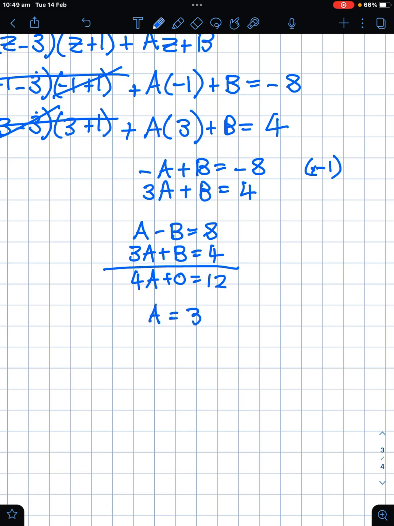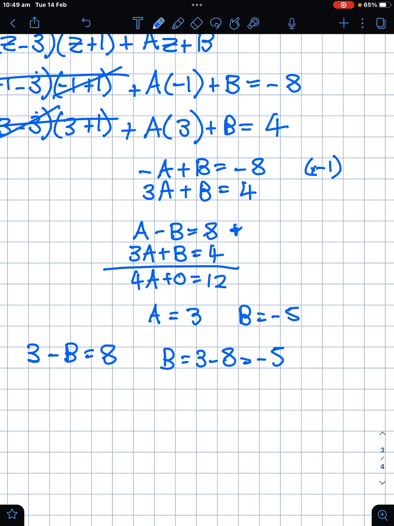Then if a equals 3, I'm going to use this top equation. I'm going to have 3 take b equals 8, which means b equals 3 minus 8, which equals negative 5. All right, so I've got my two numbers now, a equals 3 and b equals negative 5.